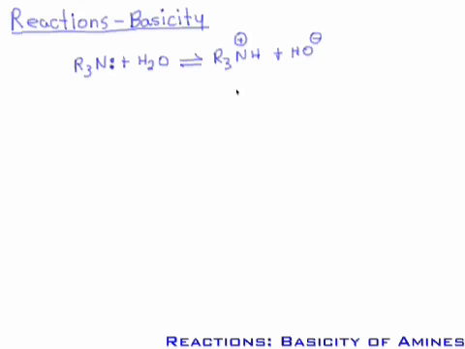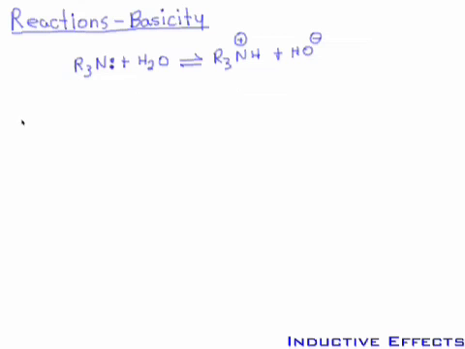Now, any factor that makes the electron lone pair on the nitrogen of the amine more available towards protonation will increase the basicity. Any factor that makes this lone pair less available towards protonation will decrease the basicity. So let's begin looking at factors that will influence the basicity of amines.